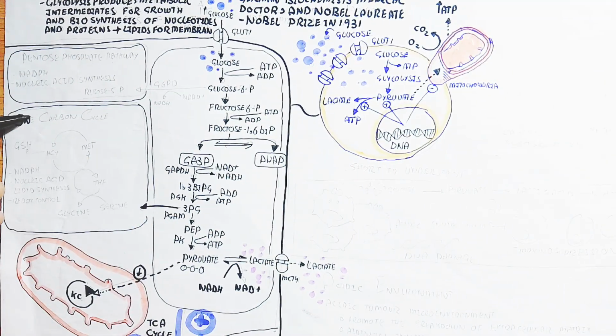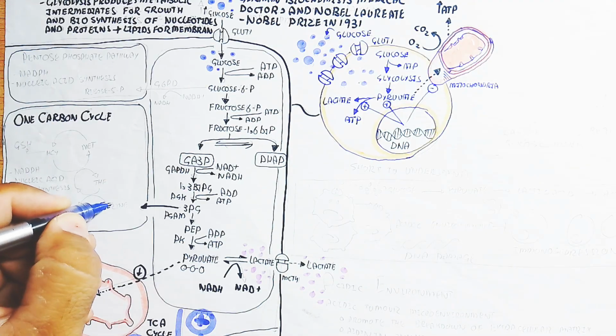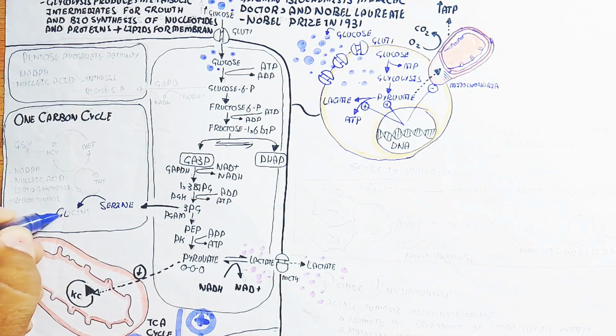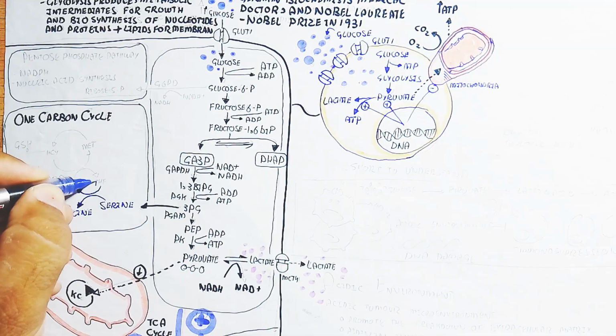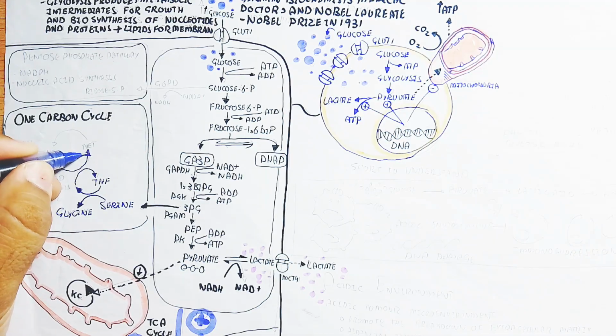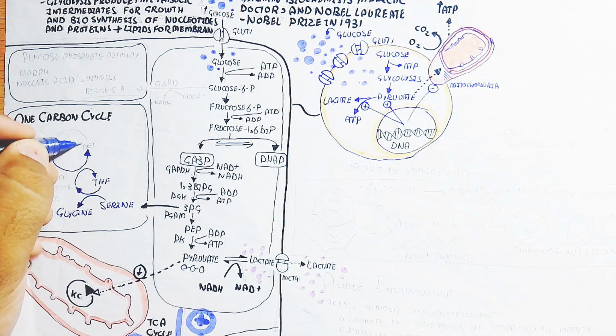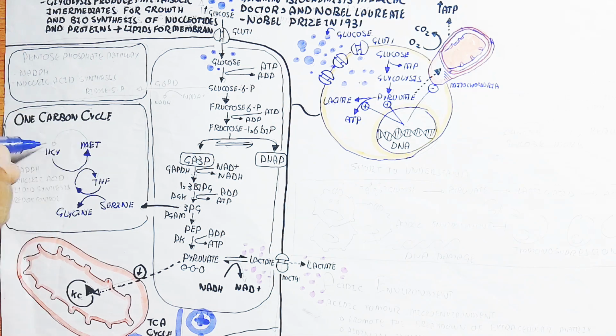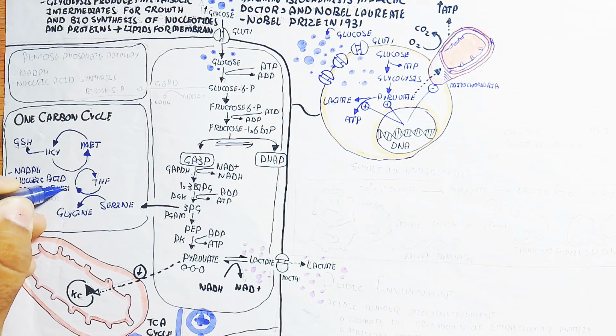In this way, 3PG will enter the one-carbon cycle, where serine is converted into glycine and tetrahydrofolate, produced from homocysteine, and the glutathione pathway. Methionine is converted, and the cycle runs again to produce NADPH, nucleic acid, lipid synthesis, and redox control.